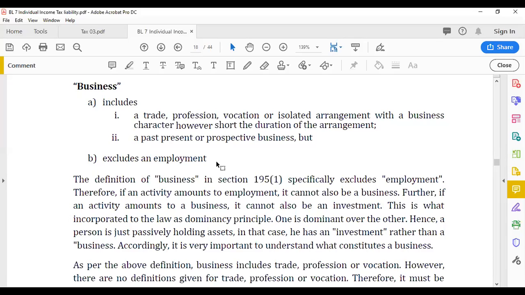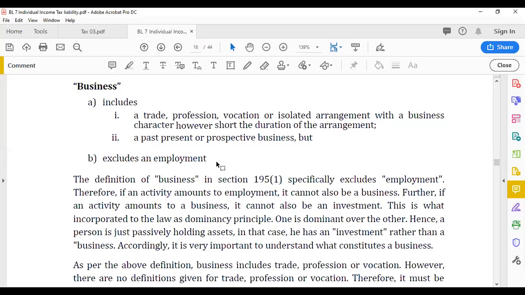Profession means, in our society, people like doctors, engineers, lawyers, accountants, auditors, consultants. This kind of job is a separate one.